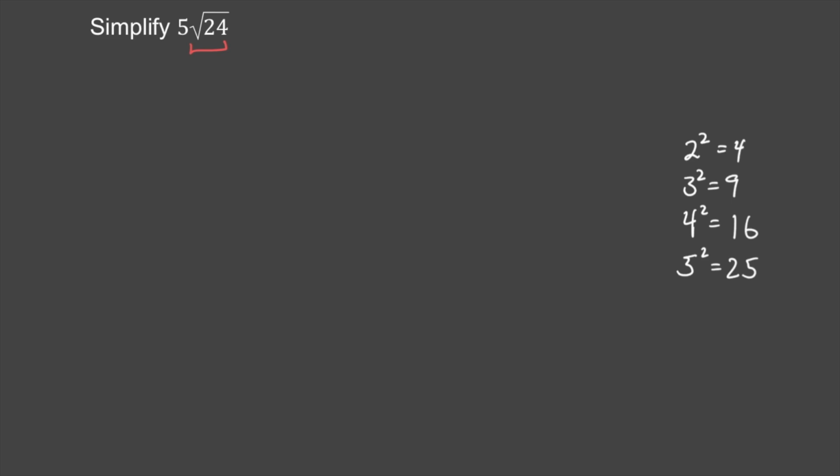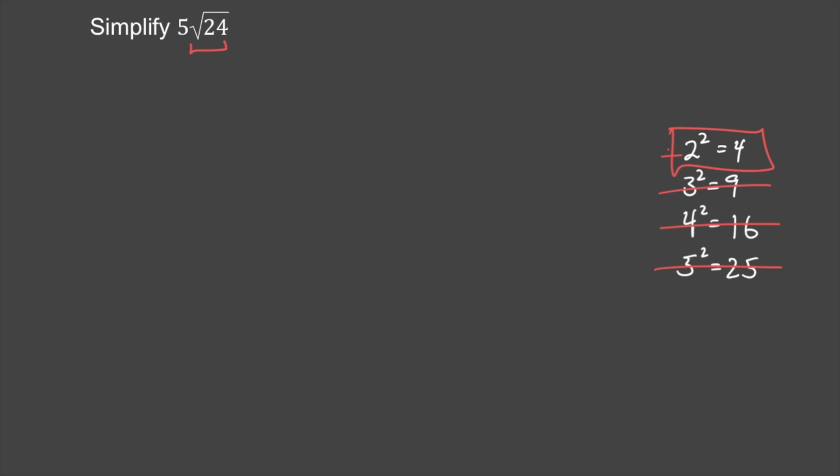But it might help when you're learning this to keep one of these lists handy so you don't have to rewrite it every time. But if we look for the biggest one that goes into 24, well, 25 is too big. 24 divided by 16 is not a whole number. 24 divided by 9 is not a whole number either. It's 2 point something, and then it looks like 4 works because 24 is 4 times 6.